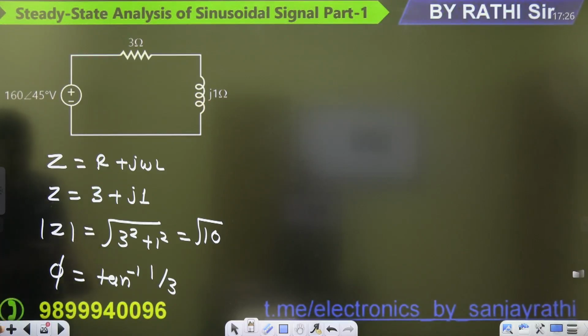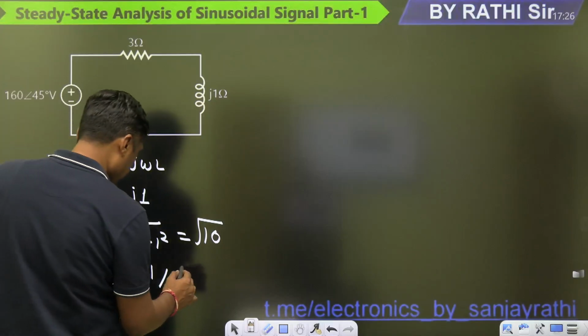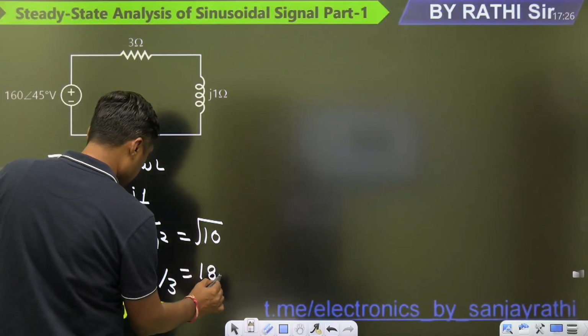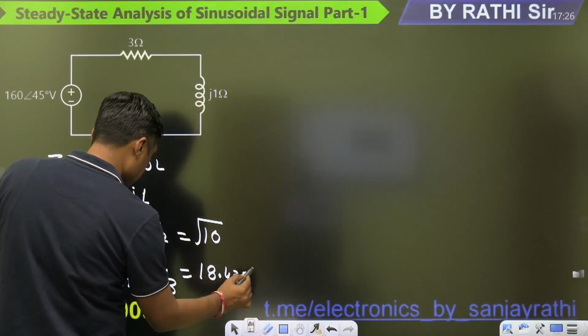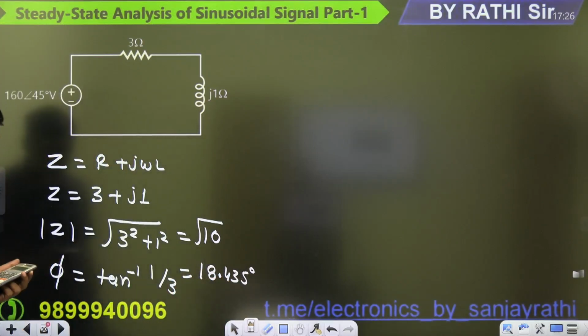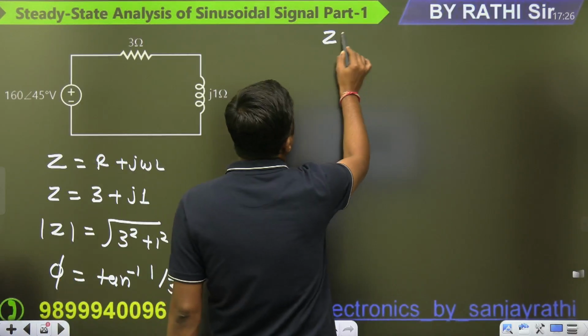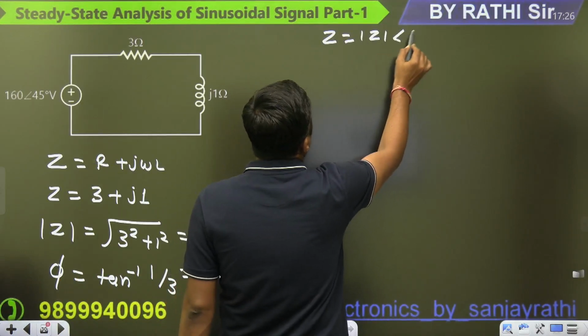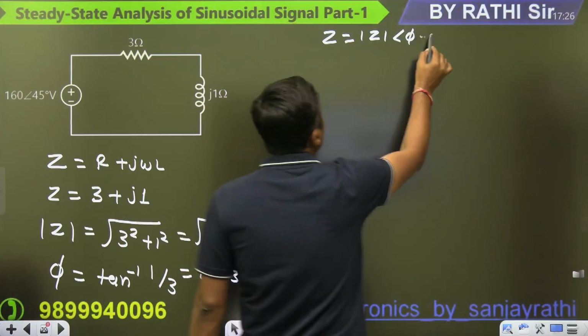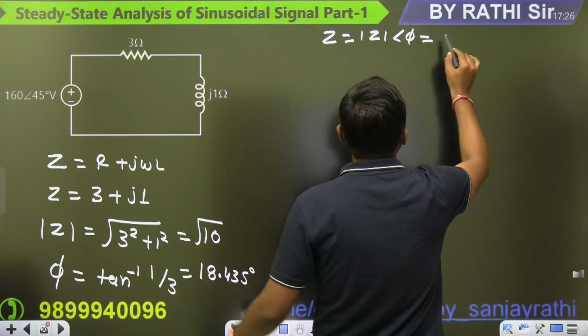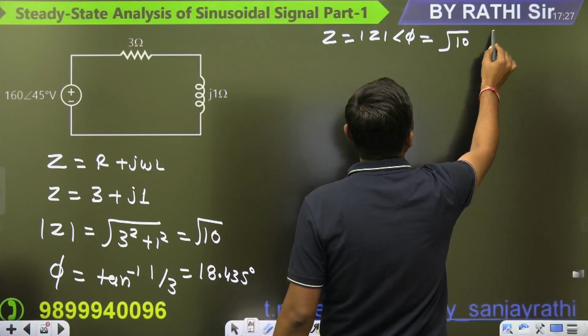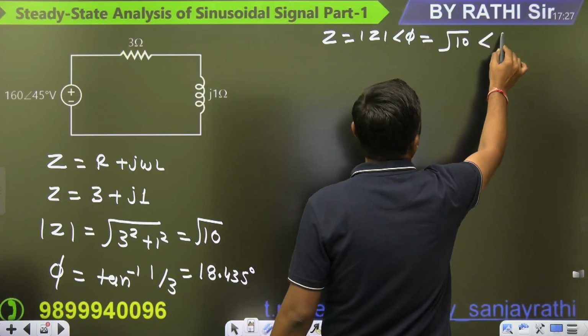18.435. Now you can write Z as magnitude of Z, angle of Z. It will become root 10, this is the magnitude, and what is the angle here? 18.435.